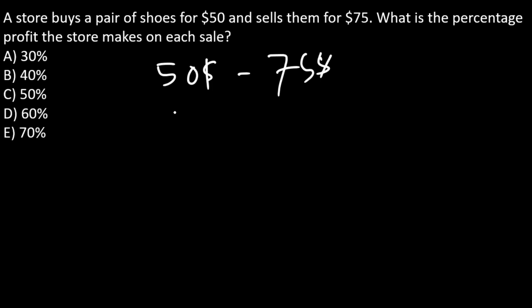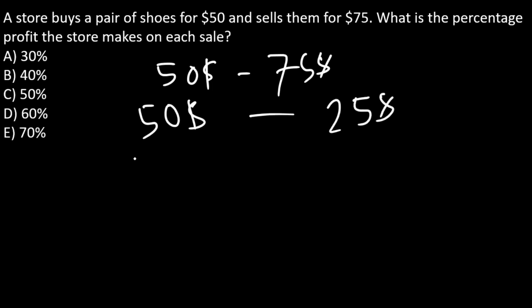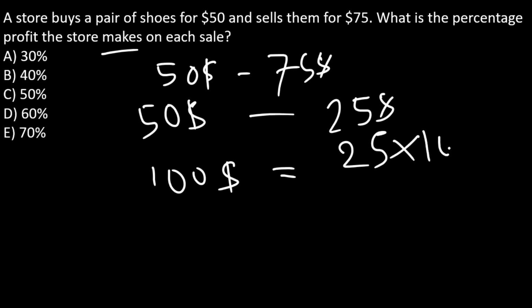So now the next problem is here a store buy a pair of shoes for $50 and sell them for $75. What is the profit percentage? So here we need to find out the percentage. For $50 they sell them for $75, so the store is gaining profit $25.